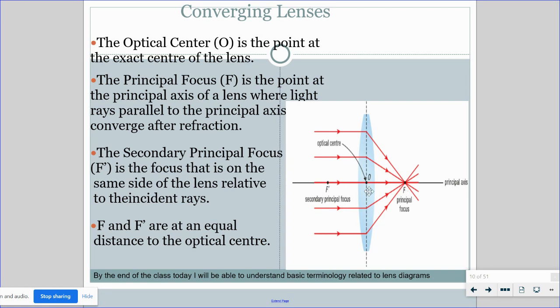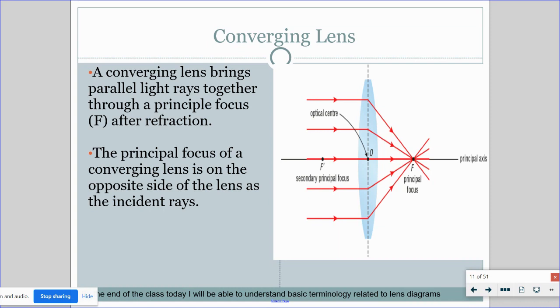And these two points are equidistant. So if it's 10 centimeters here, it's 10 centimeters here. If it's 50 centimeters here, it's 50 centimeters here. So a converging lens brings parallel rays together through a principal focus after refraction. The principal focus is on the opposite side of the incident rays.